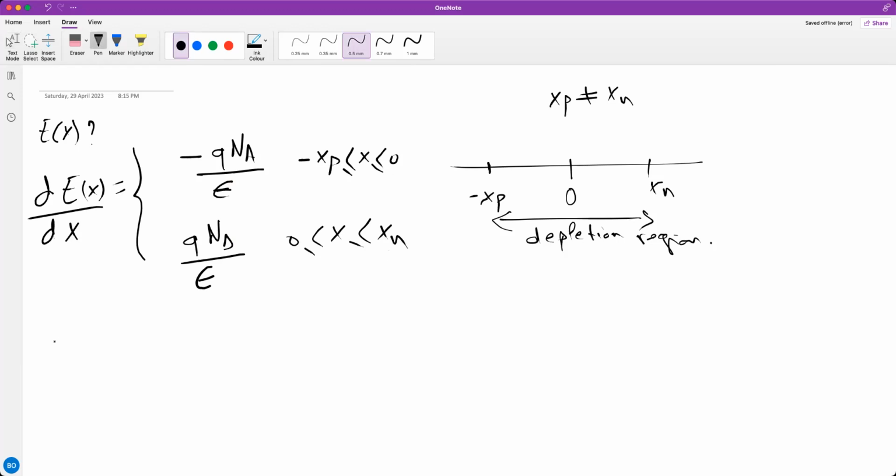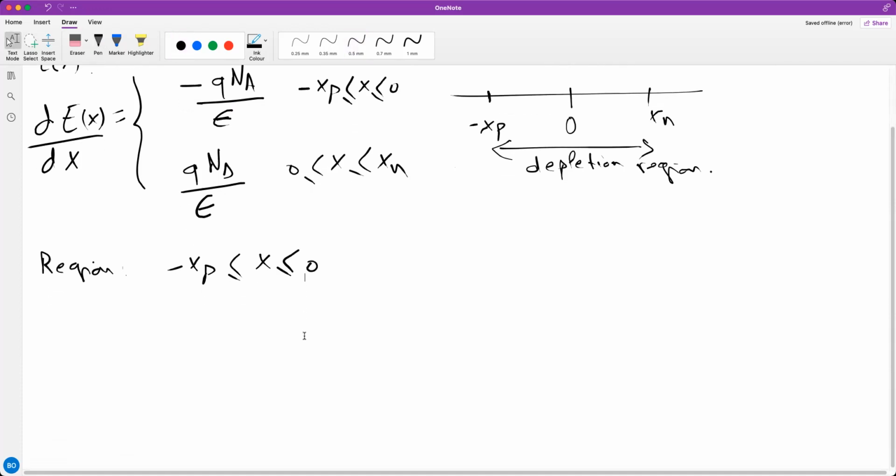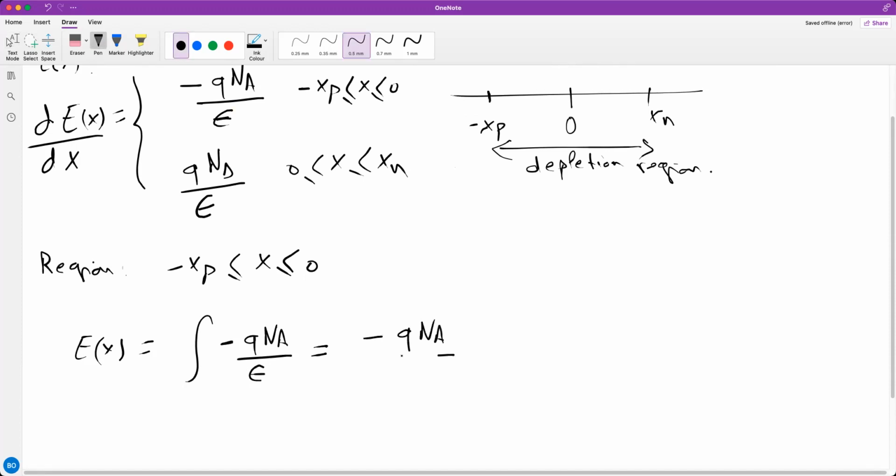Let's take region 1, between minus XP and 0. E(x) will be the integral of minus q NA over epsilon, which gives minus q NA over epsilon times x plus a constant. Do you agree?